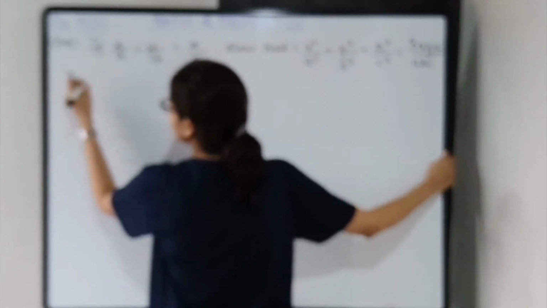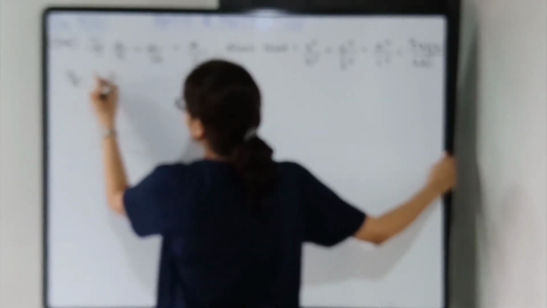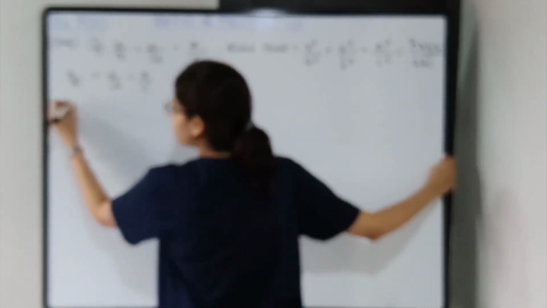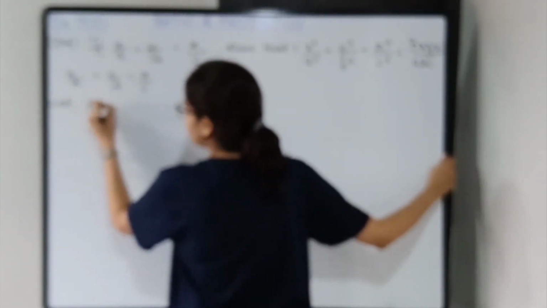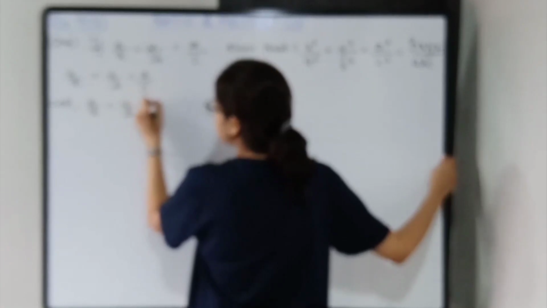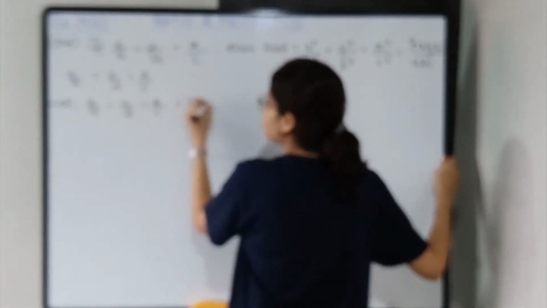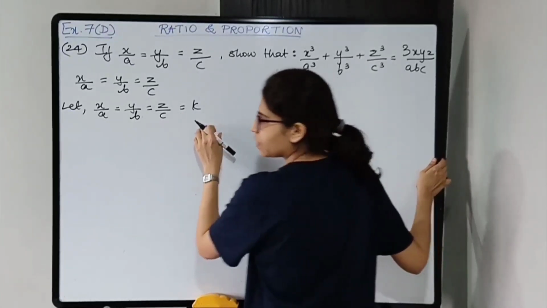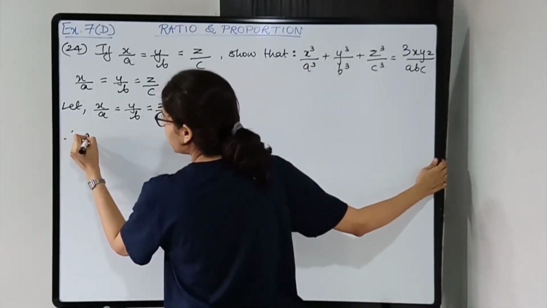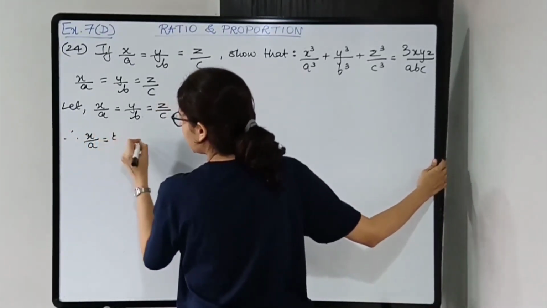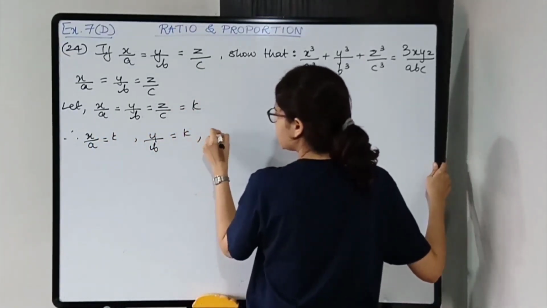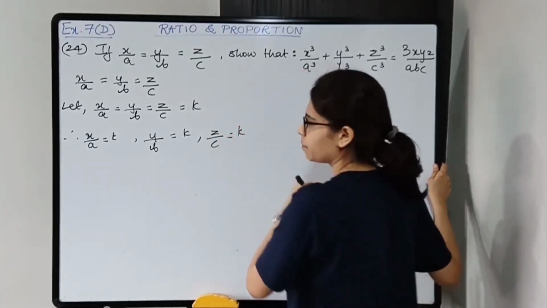So write down the given first. x upon a is equal to y upon b is equal to z upon c. So let x upon a equal to y upon b equal to z upon c be equal to k. So each ratio is equal to k. Therefore x upon a is equal to k, y upon b is equal to k, z upon c is equal to k.